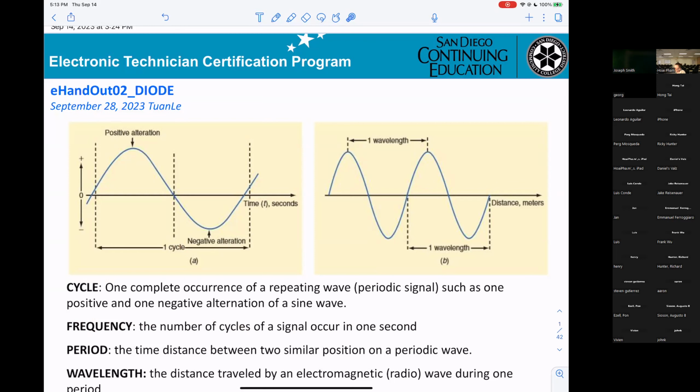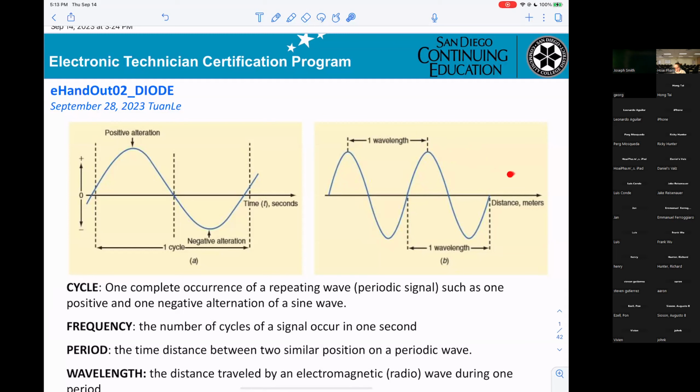Okay? Period: the time distance between two similar positions on a periodic wave. Wavelength. That means this is a wavelength, the signal transmitted over the air.